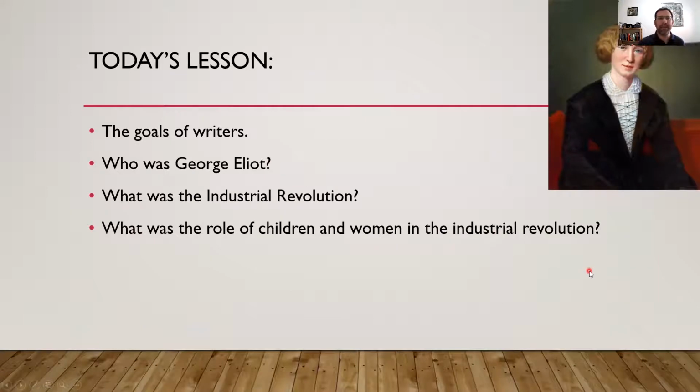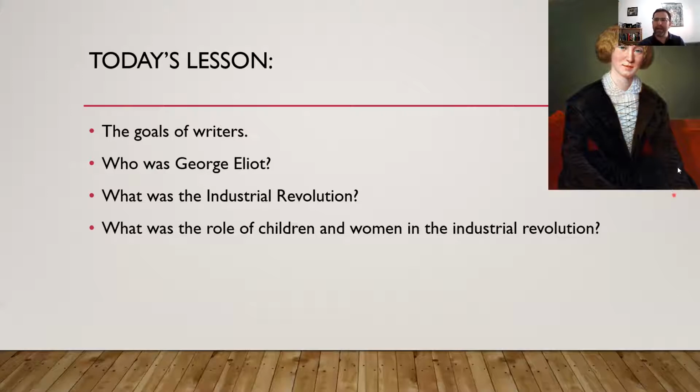So in today's lesson, we're going to talk about the goals of writers. Why do writers write about what they're writing about? What causes them to write? Then we're going to talk about the writer of this particular poem, which is George Eliot. If we notice the picture here, we notice the name, something doesn't exactly look right. George is a male name, and the picture is of a woman, right?